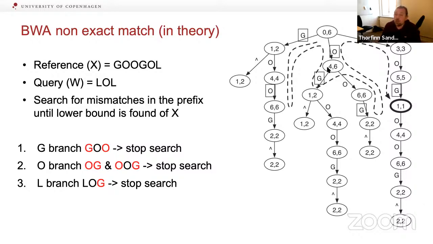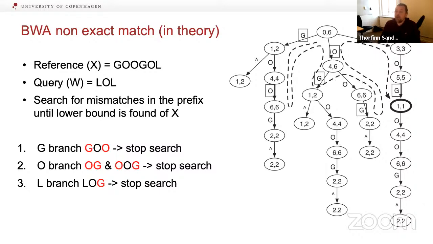We do the same thing across this branch here. We start with an O, that's a mismatch, we keep track of this. The next one is a G, that's also a mismatch, we want this to be an O, so we can discard this path. Then we continue down this path here, we start with an O, that's a mismatch, so we count this. Then we go here, that's an O, that's correct, but then we have a G, so that's incorrect, so 2 mismatches, so it cannot be down this path.